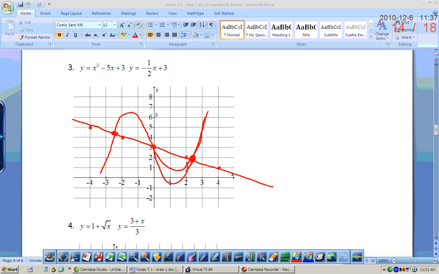Okay, so let's go back. Do I want to use horizontal or vertical rectangles here? Definitely vertical. I actually have 2 parts of this graph that are bounded by the 2 equations, so I have 2 areas that I'm going to need to find. Okay, so the first hump right here, top minus bottom is what? x cubed minus 5x plus 3 minus negative 1/2 x plus 3.